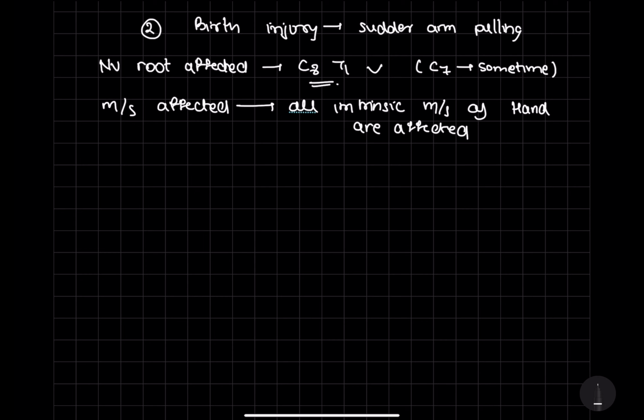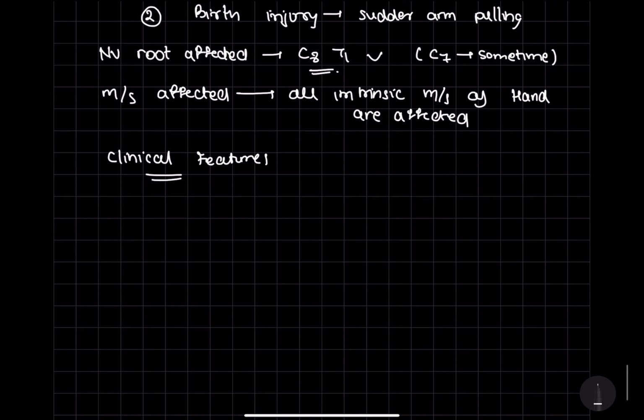Now what are the clinical features that you are going to see here? What I told you initially is, if one action of a muscle is gone, then the contrary action is going to become strong.